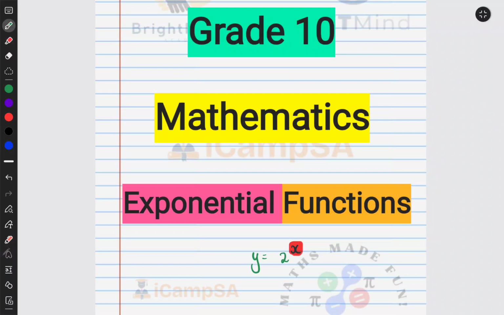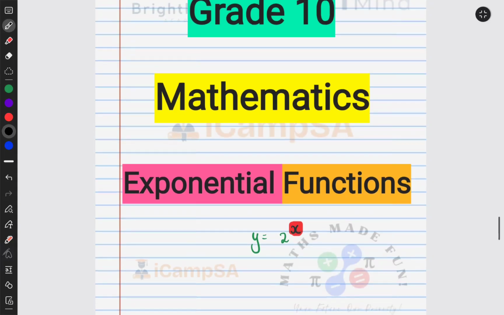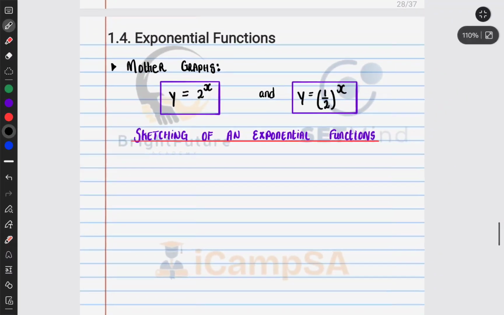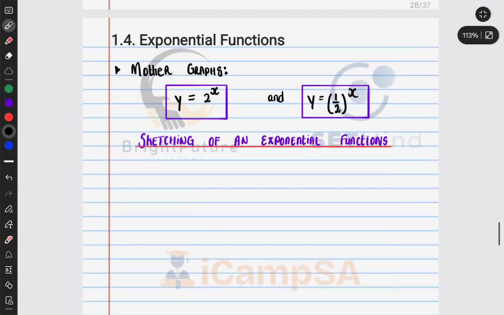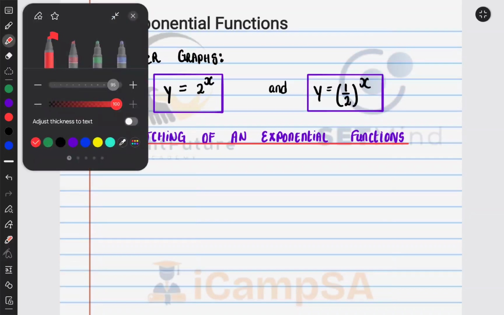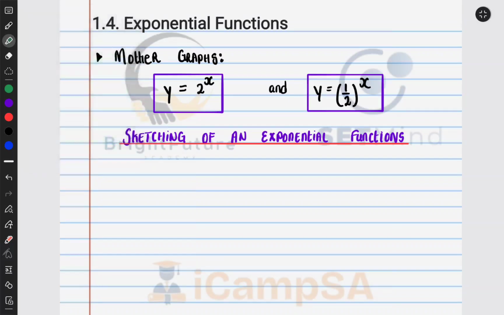Okay, now let's go ahead and look at some characteristics of the exponential functions. We have two main types of exponential functions, and here are the equations for the mother graphs.